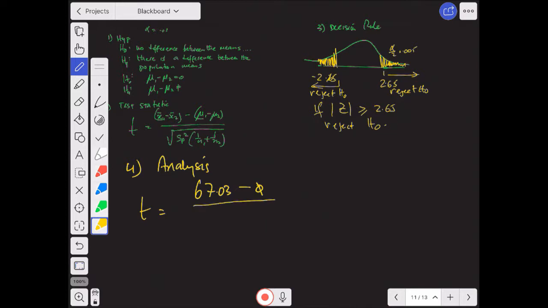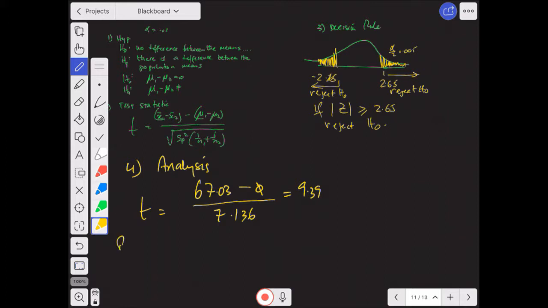And the standard error we found earlier was 7.136. So we don't need to repeat everything. That actually gives us a value of 9.39.